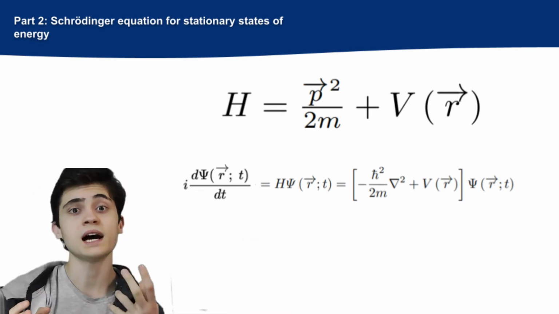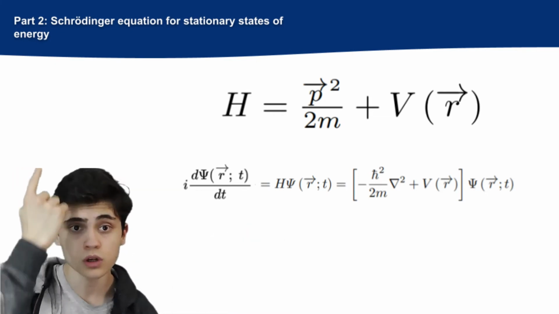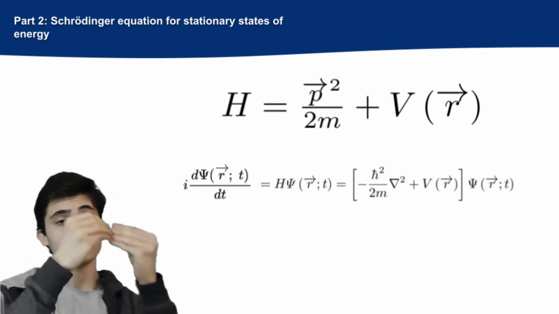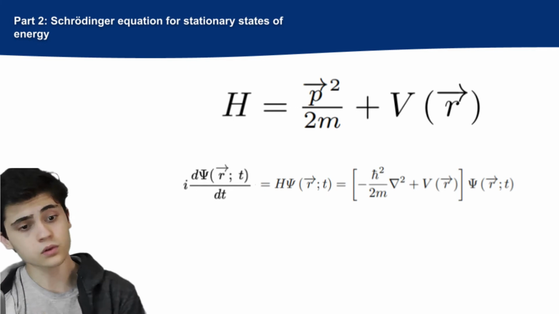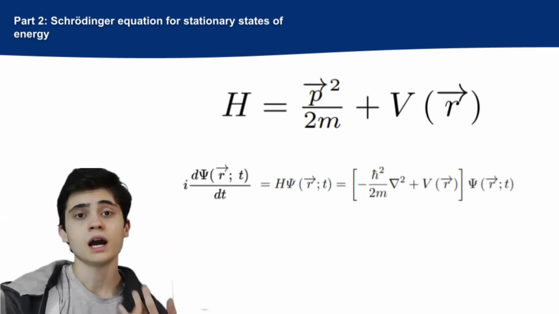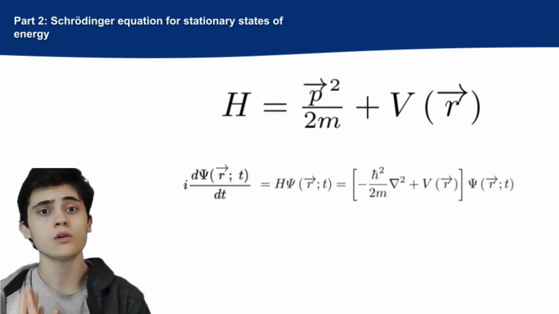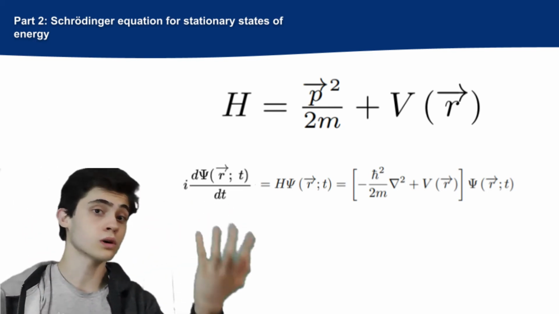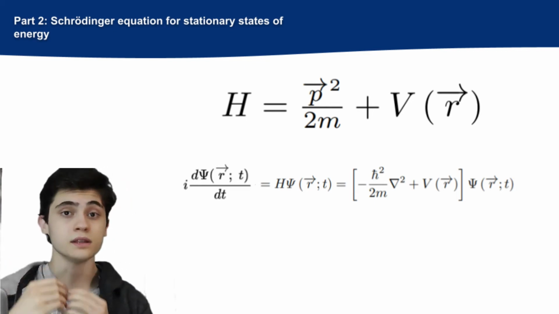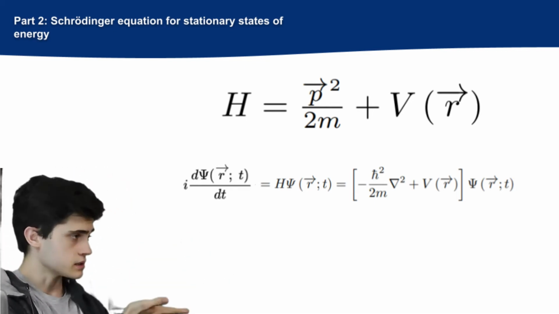This equation allows a solution by the separation of variables method, and for this method we have to express our function as a product of one function depending on space and one function depending on time. Therefore we obtain this.